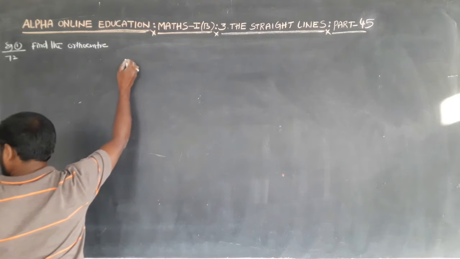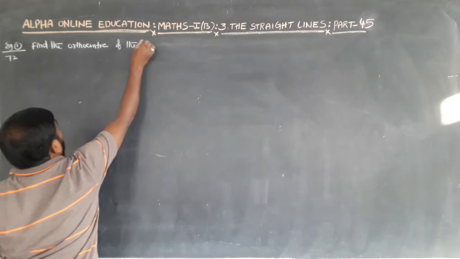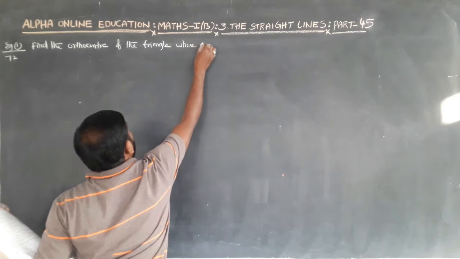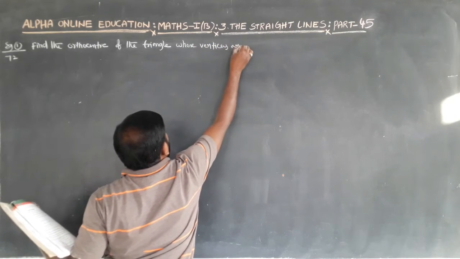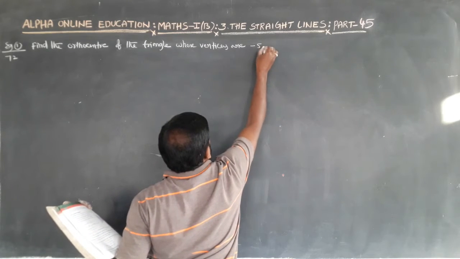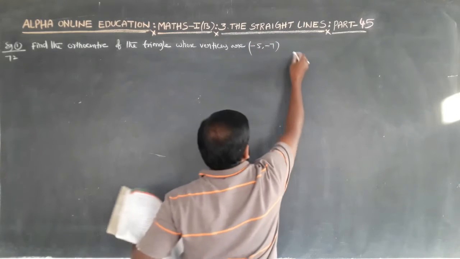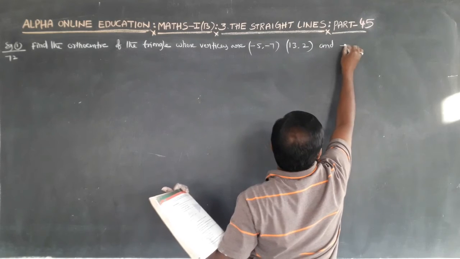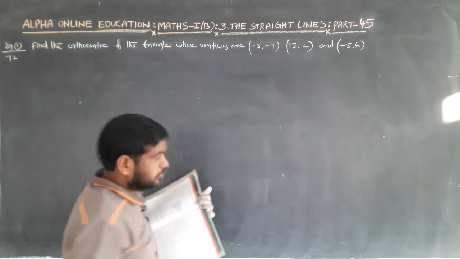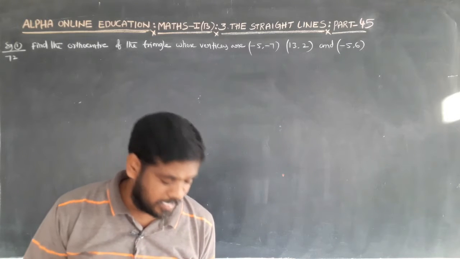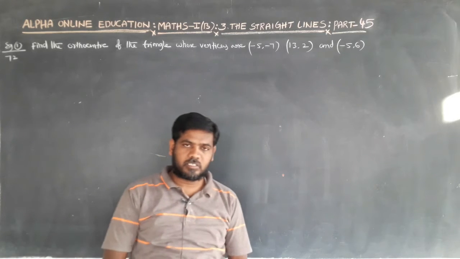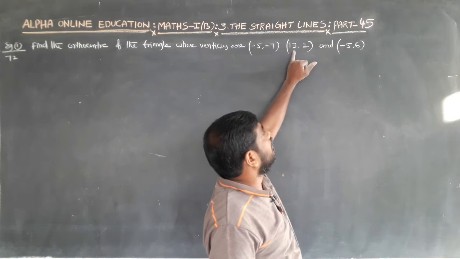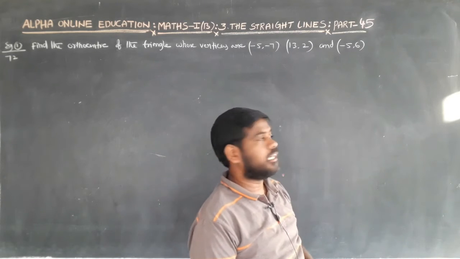Find the orthocenter of the triangle whose vertices are (-5, -7), (13, 2) and (-5, 6).